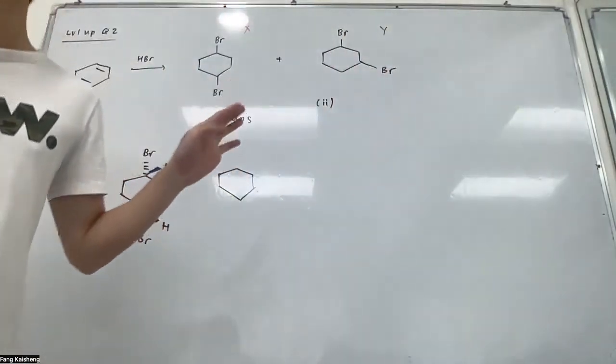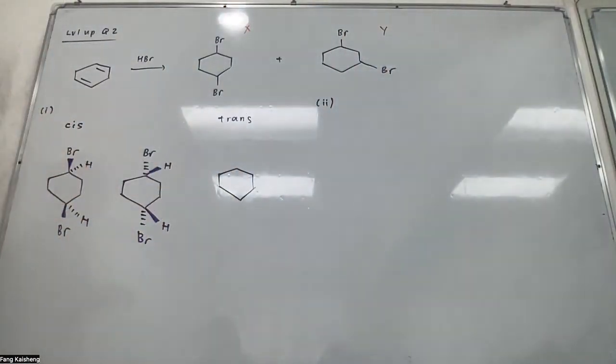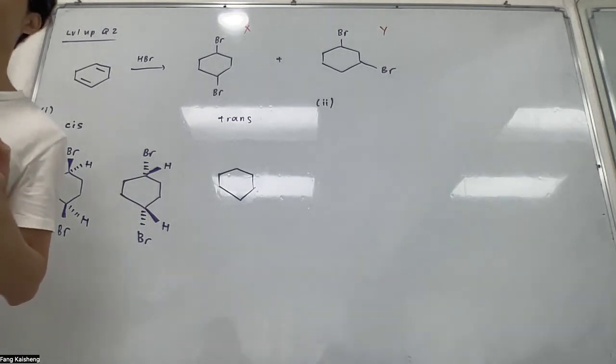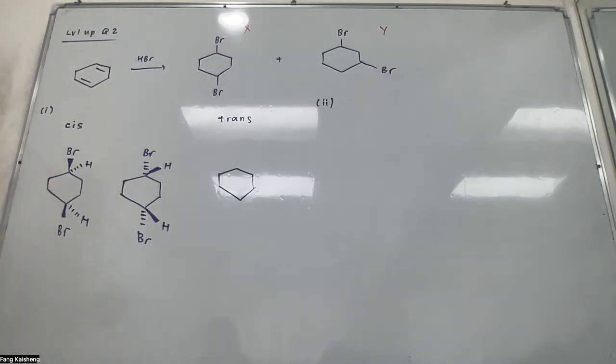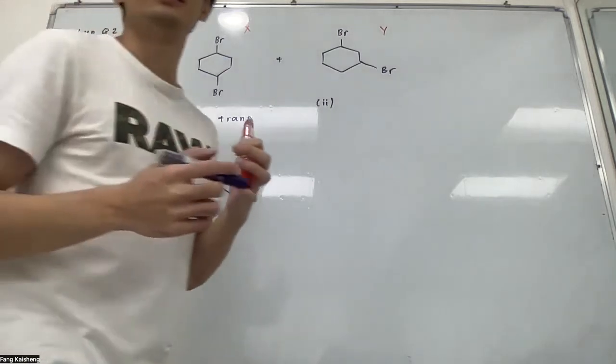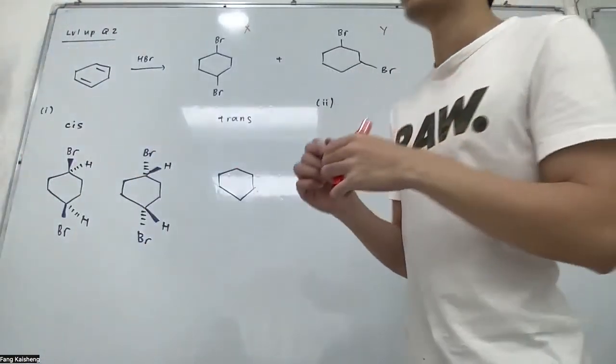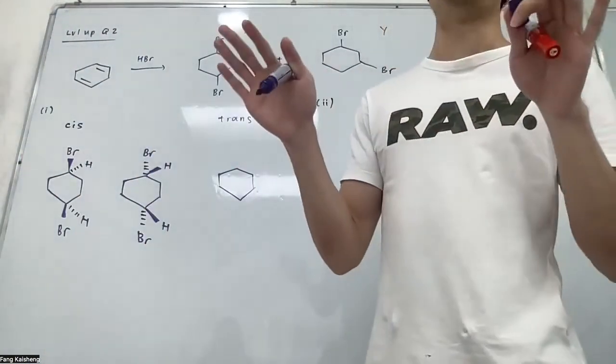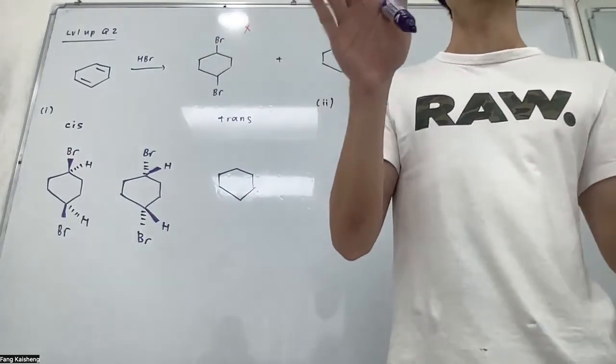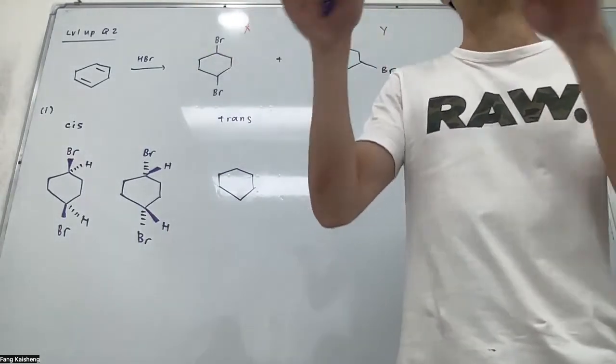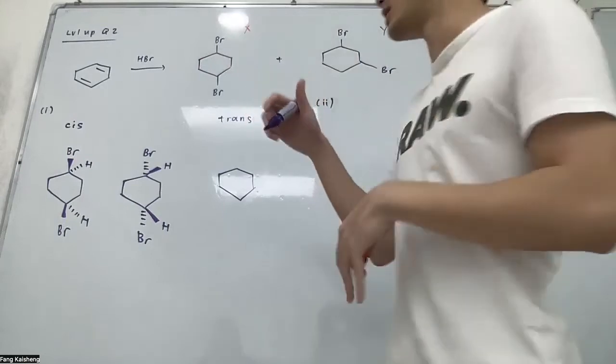Okay, and this. Okay, so trans just means the bromines are now on opposite sides of the ring, opposite planes.